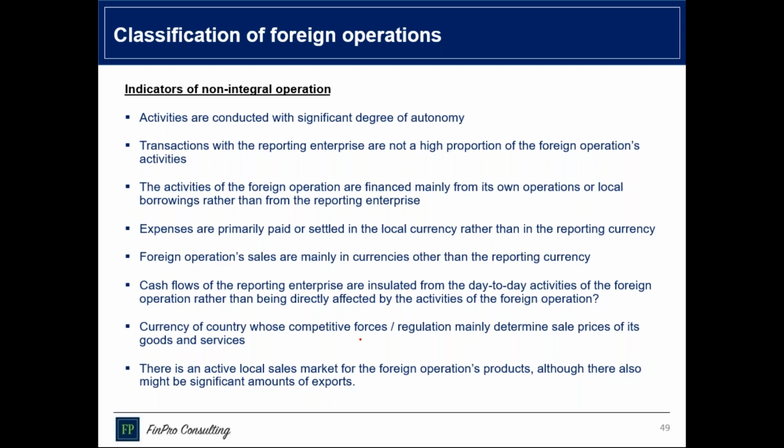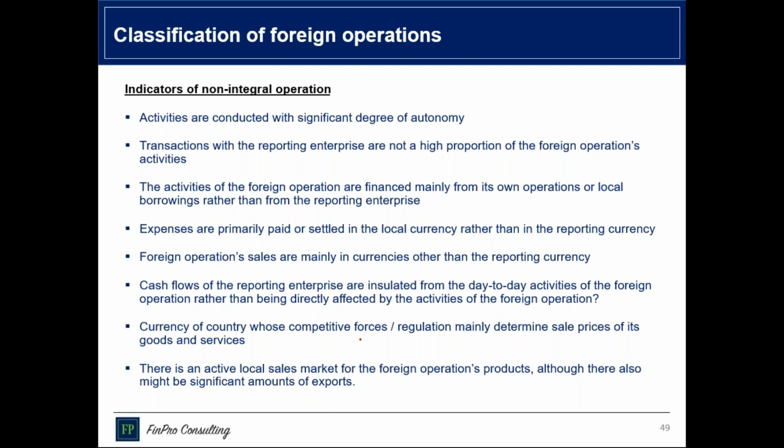Then we need to check whether the cash flows of the reporting enterprise are insulated from the day-to-day activities of the foreign operation. What do we mean by that? Let us say the foreign operation is completely dependent on the reporting entity. The reporting entity has sold something to the foreign operation, and in turn, immediately after adding some markup, the foreign operation is selling it to companies in their local country.